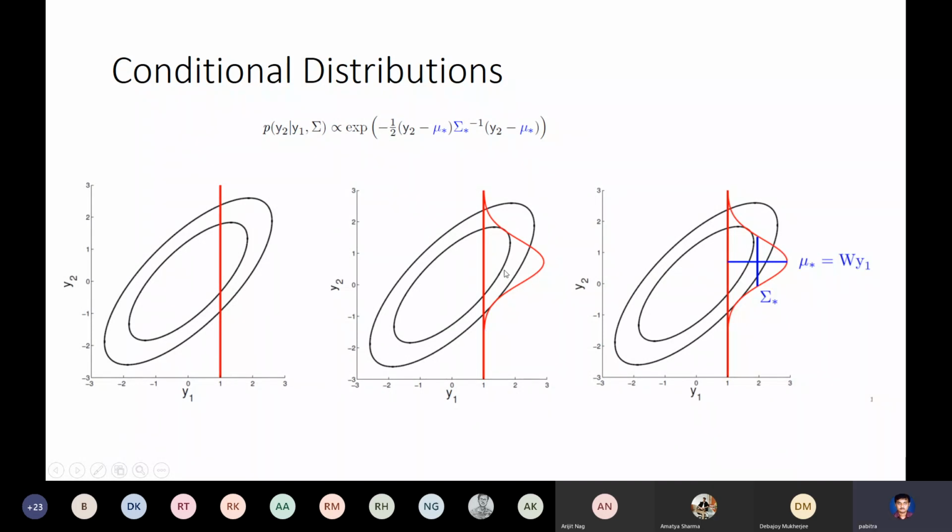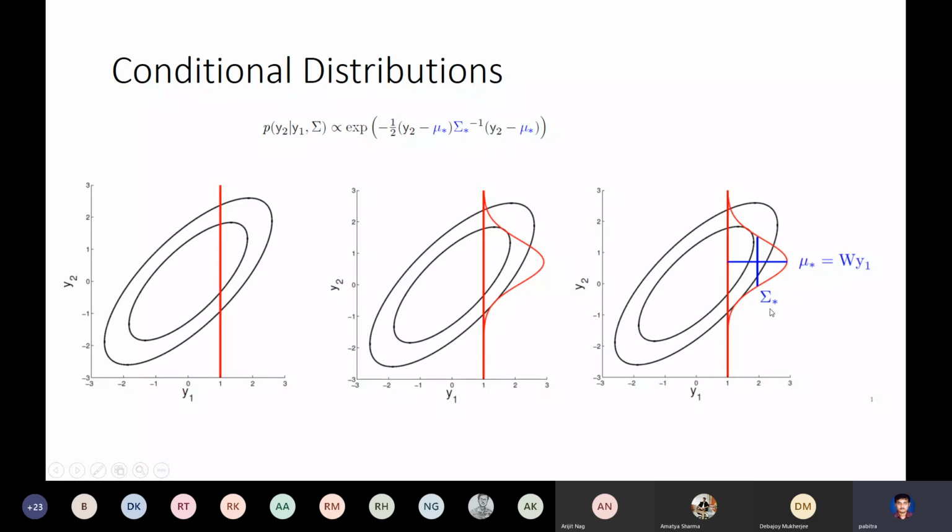The conditional will also be a Gaussian with mean mu star and variance sigma star. We'll see that mu star will be the original mean of the joint distribution, which is 0, 0 in this case, plus something. And this plus something is nothing but some linear constant times y1.